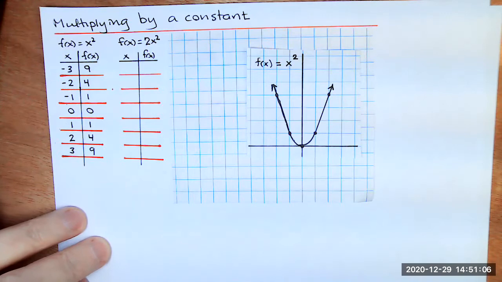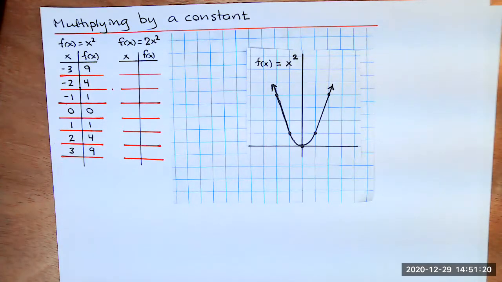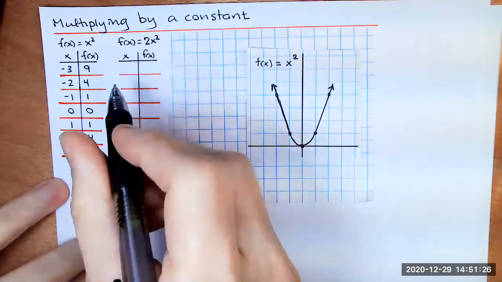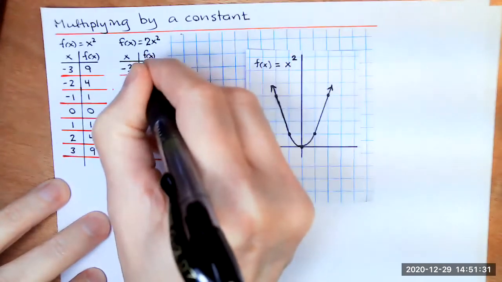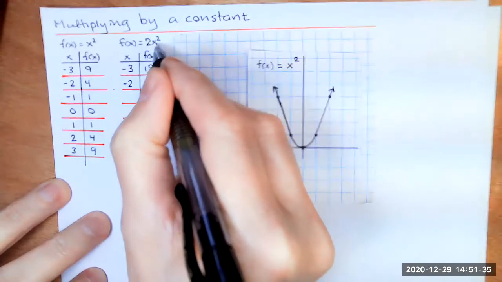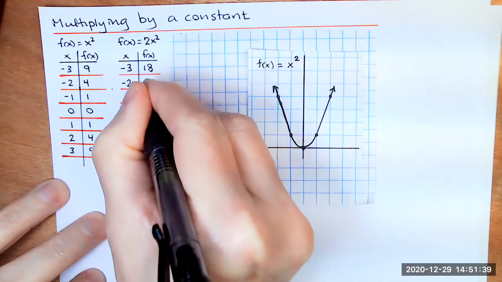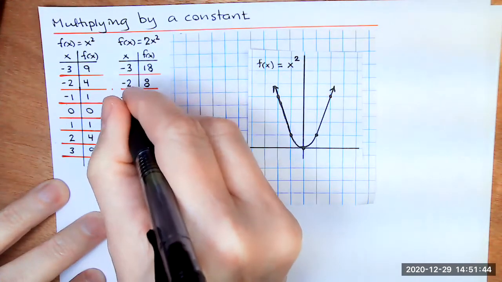All right, what do you think happens if we multiply by a constant? We have -3 squared, and then multiply that by 2, and you get 18. -2 squared is 4, and then multiply that by 2, and we get 8. -1 squared is 1.